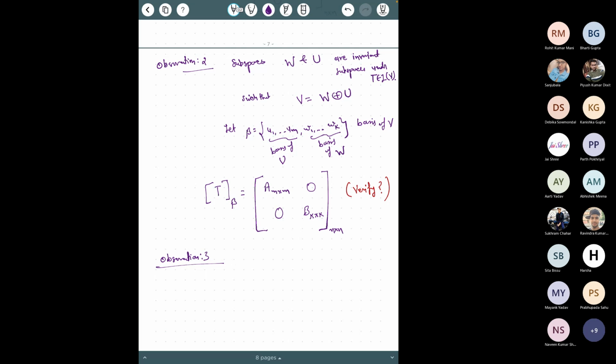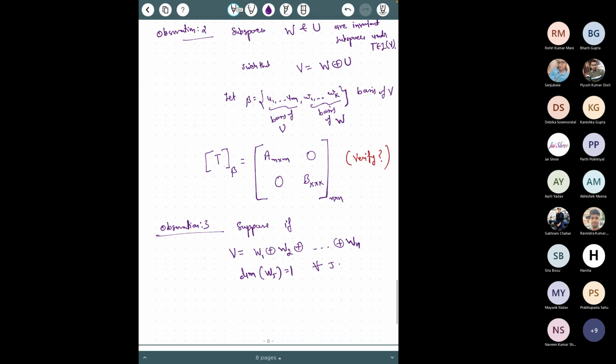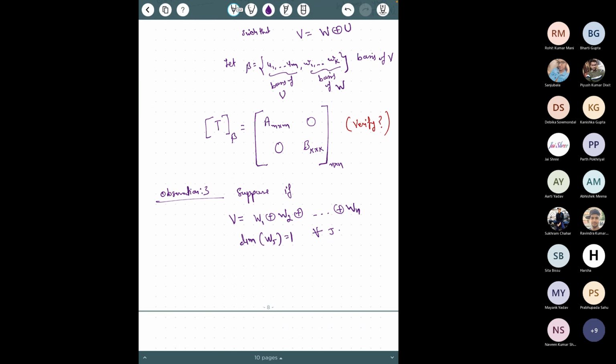So let me just write this so that there is no confusion. Now suppose V is the direct sum of W1, W2, and so on up to Wn, where the dimension of Wj is equal to 1 for all j. So these are one dimensional subspaces, and not only that, these Wj's are invariant under T for all j.